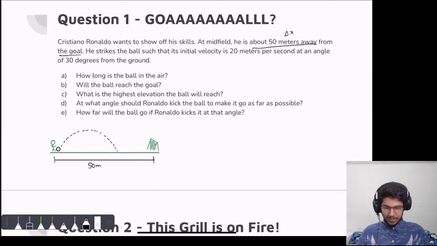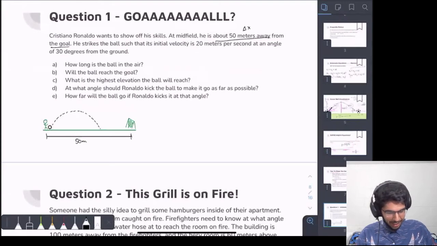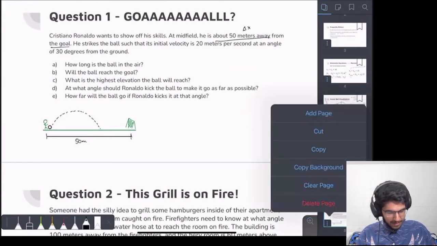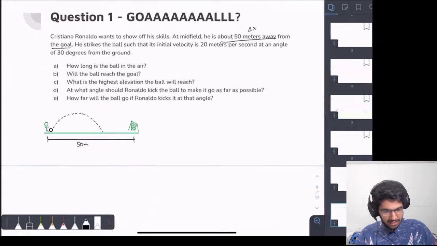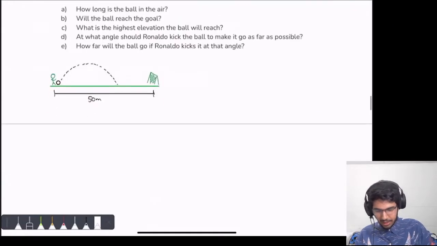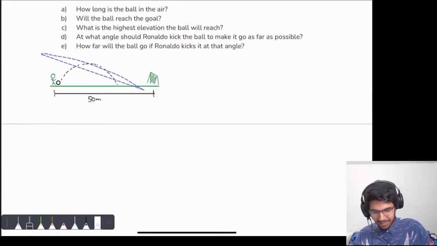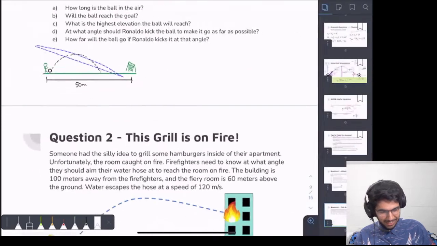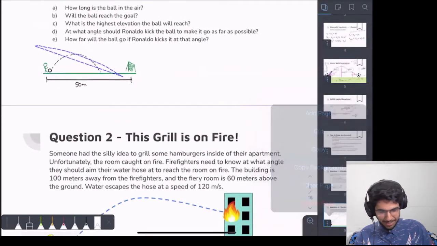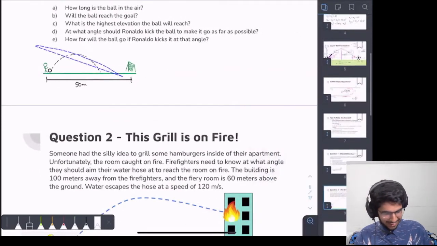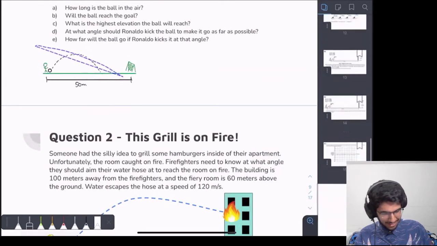What else do we know? The initial velocity is 20 meters per second. Actually, what I'm going to do is add a page, just so we have some more room. Okay, we're going to try this again. Add a page.